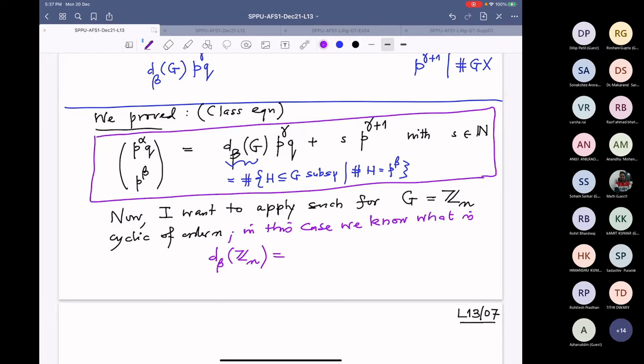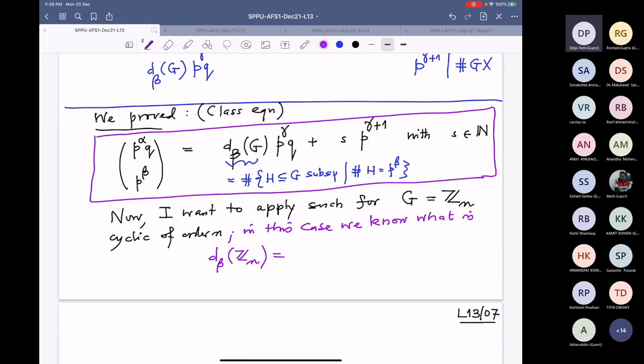Roshini? Yes, sir. What is d beta of z mod n? Sonakshi? Sir, I'm thinking. Very good. At least you are thinking.